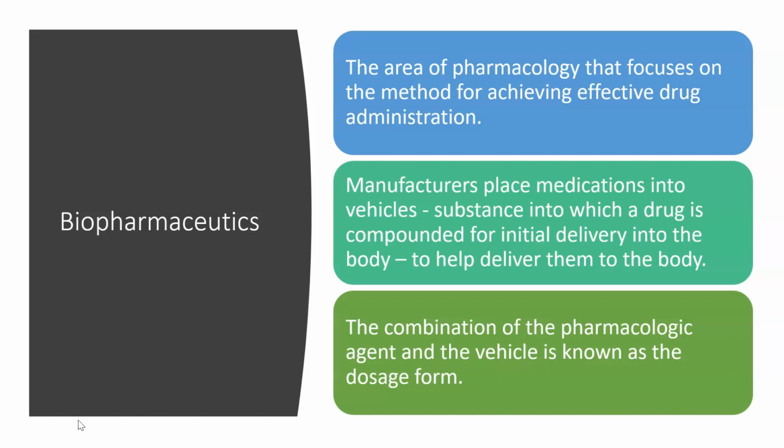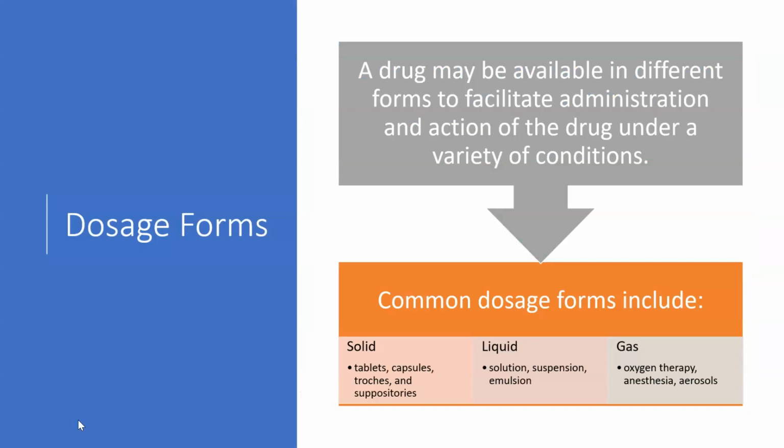There's stuff that's dissolved in the mouth. There's stuff that is slow release. So there's a lot of different ways that they use the vehicle to get to the target. The combination of the pharmacologic agent and the vehicle is known as the dosage form.